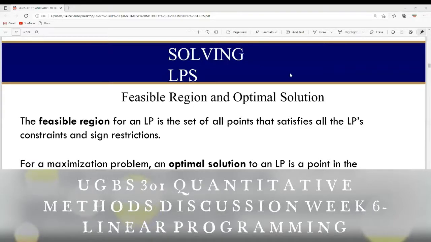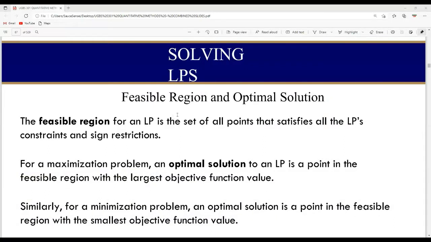Okay, as I told you, the feasible region and optimal solution. The feasible region for an LP is the set of all points that satisfy all the LP's constraints and sign restrictions. You get it? For a maximization problem, an optimal solution to an LP is a point in the feasible region with the largest objective function value. The problem you solved, Geopetus Incorporation, was a maximization problem, so we find the largest objective function value.